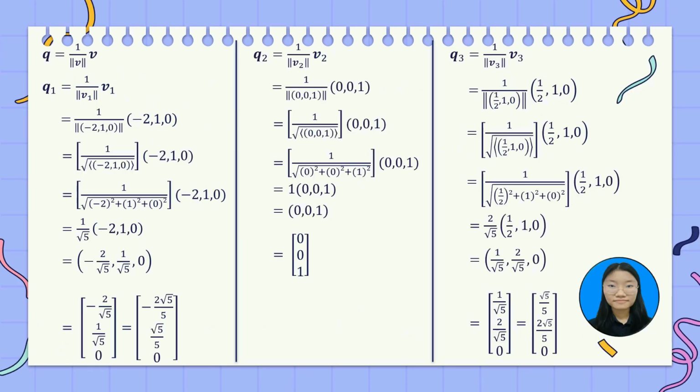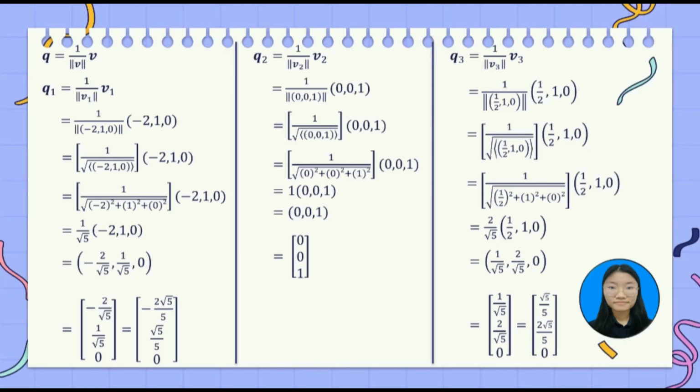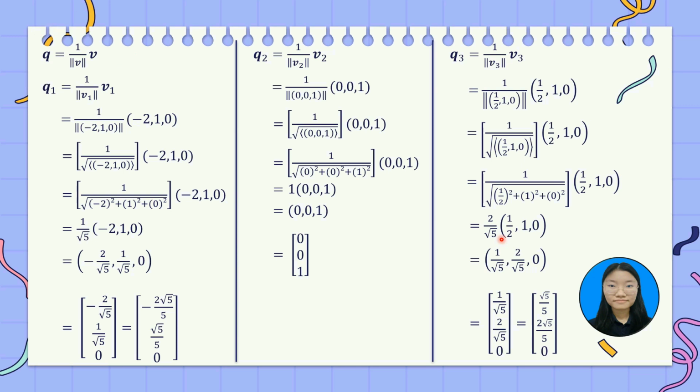Next, in order to form an orthonormal set from an orthogonal set, we need to normalize the set. We notice that the norms of V1 and V3 are not equal to 1, so they are not unit vectors. Thus, we multiply 1 over the norm into each of the elements V1, V2, and V3.